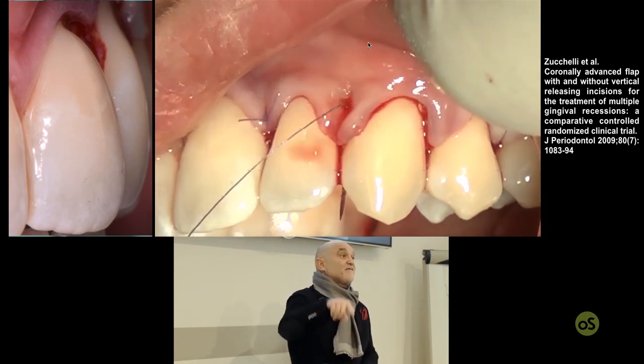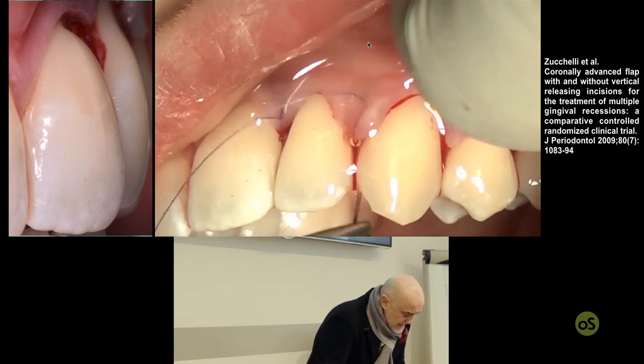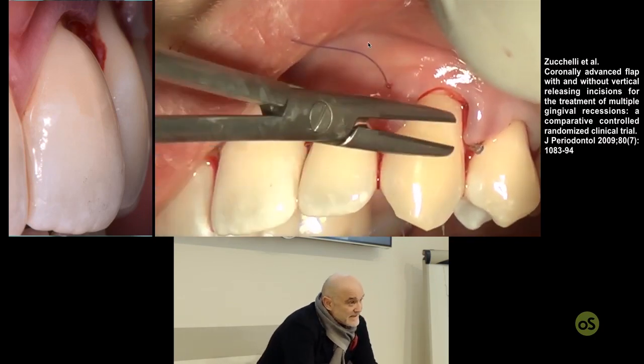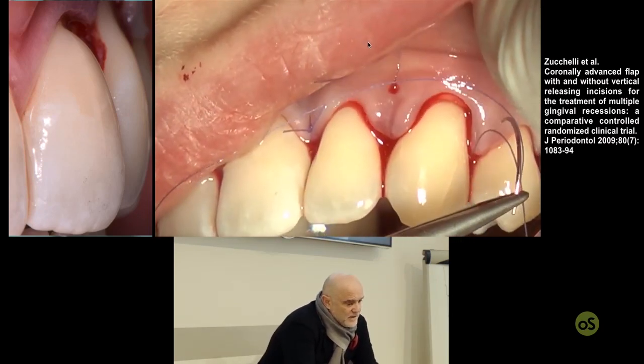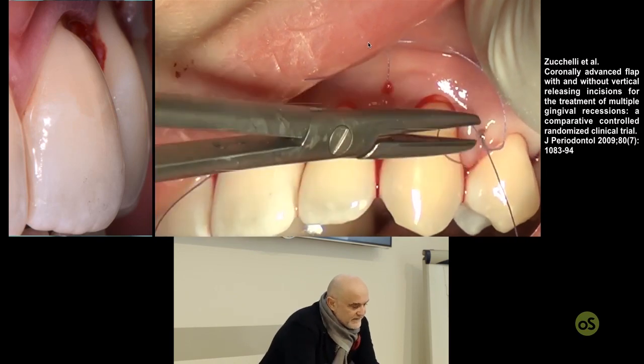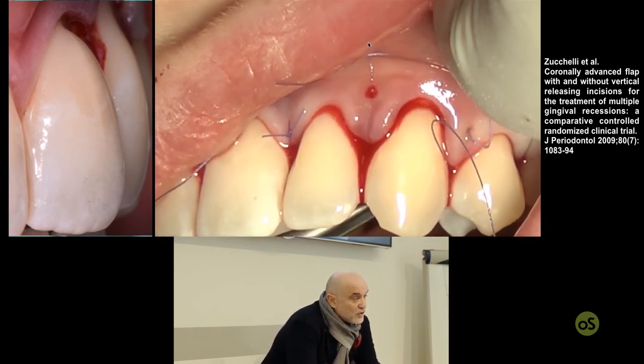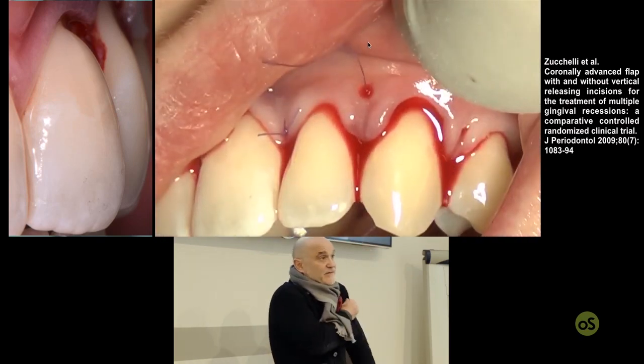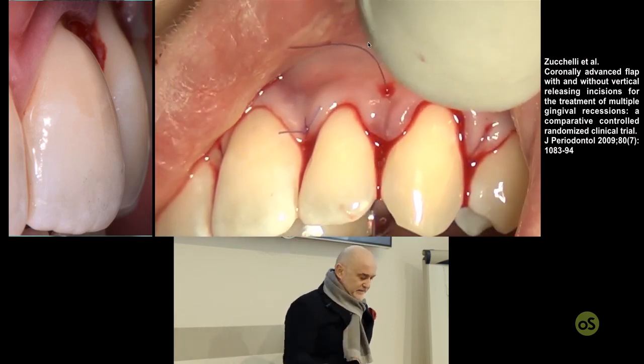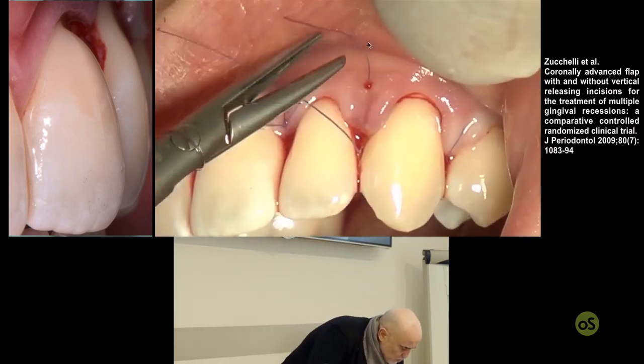And so this final sling suture is really very, very passive. And this allows the very, very small amount of keratinized tissue of the canine to cover completely the connective tissue graft and to avoid any graft exposure, even with time.